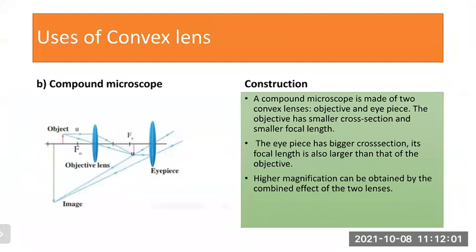Then compound microscope. Now, simple microscope is used to observe small sized objects. But minute objects like blood cells or cells of plants and animals and even minute living beings like bacteria cannot be magnified sufficiently by a simple microscope.